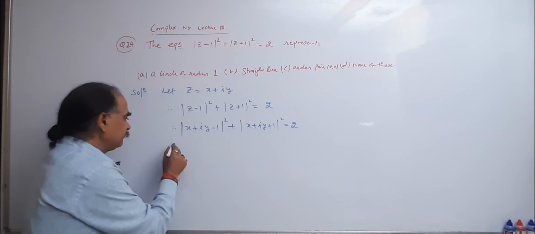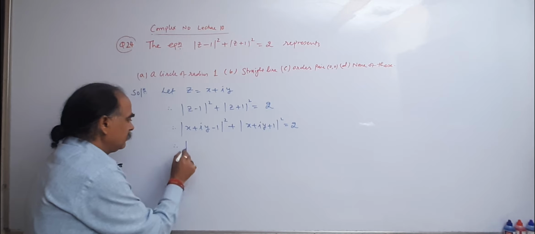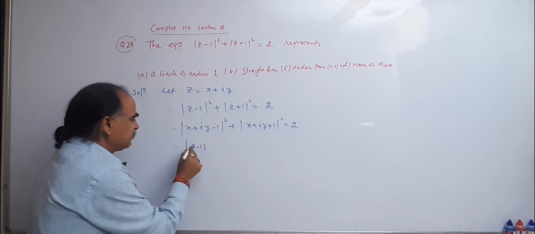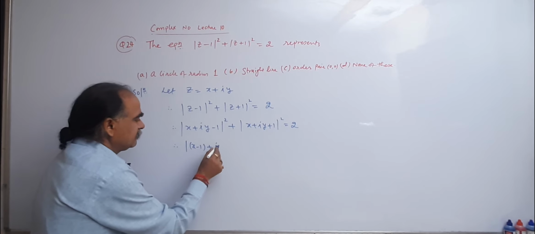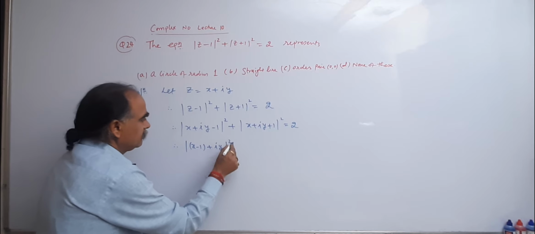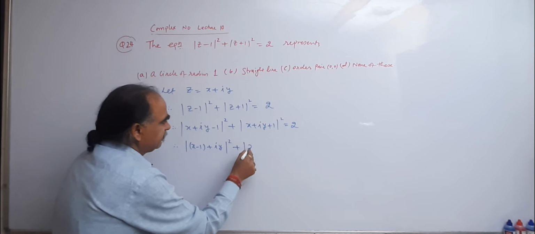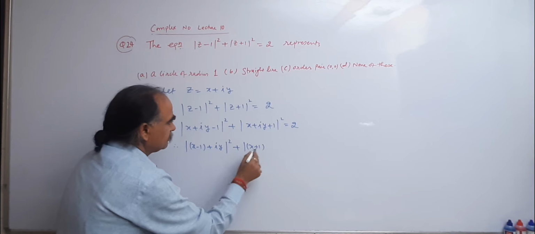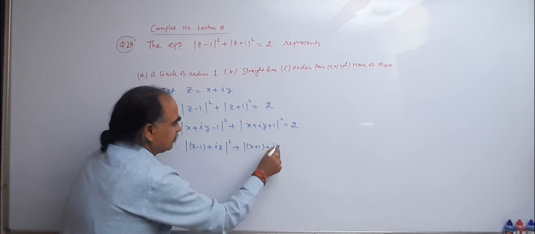Now this will give you modulus of x minus 1 plus iy square plus modulus of x plus 1 plus iy square.